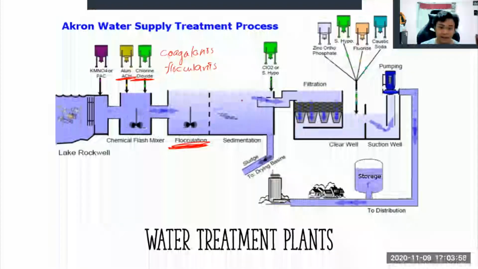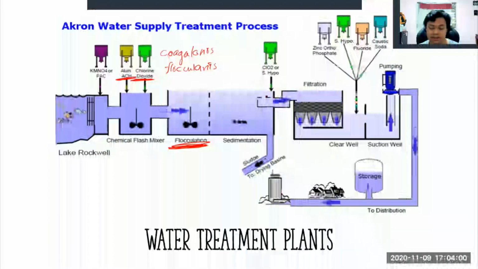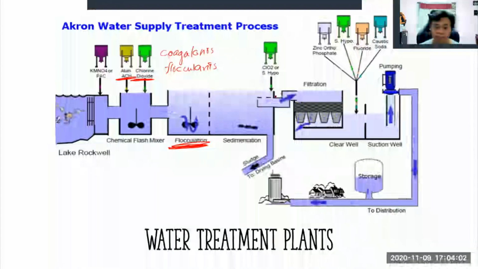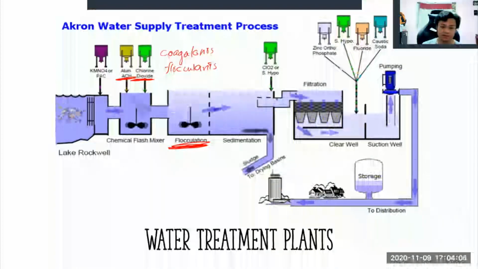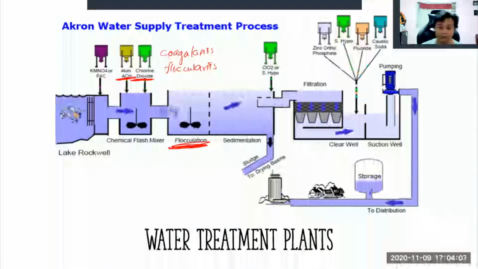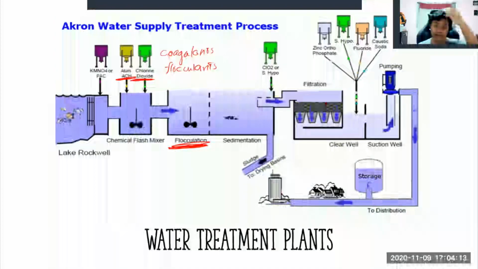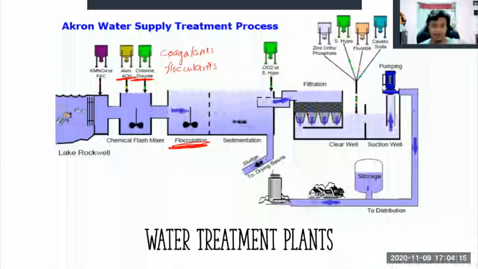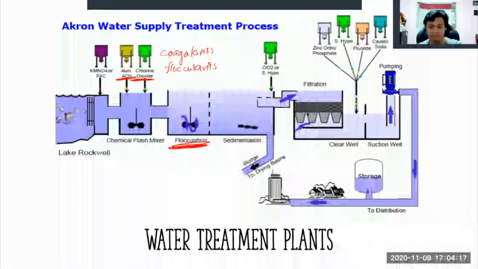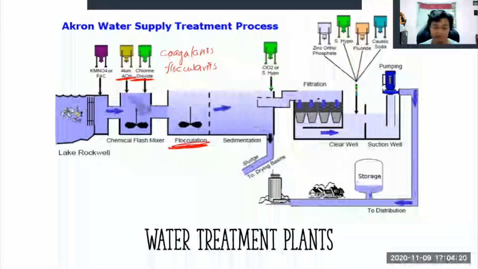The water, now removed of those large particles, will go to filtration. Usually this is a sand filter that goes through all stages, maybe gravel, and then the bottom part is fine sand.